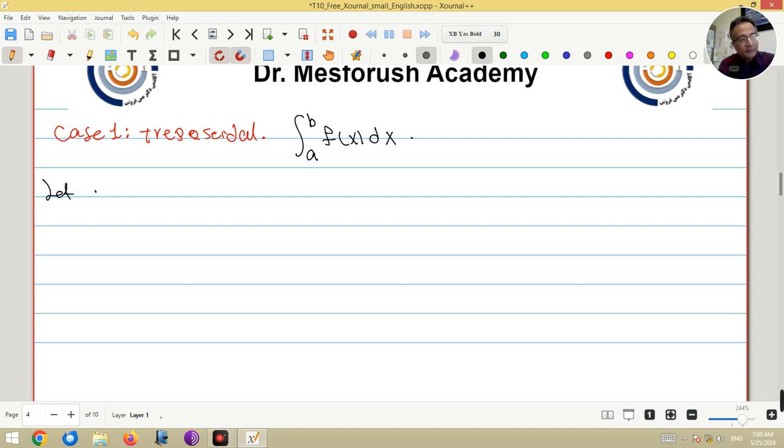Let n be equal to 1. So x0 should be a and x1 should be b, and also h is equal to b minus a.